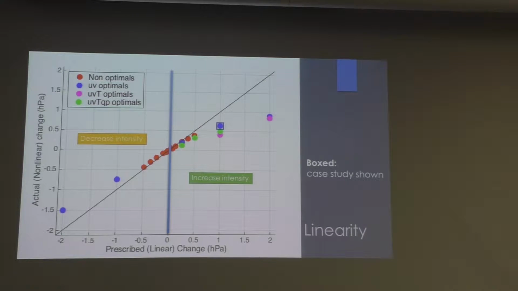Tom? I think I'm following everything, so I may be off base, but this final step here led to this diagram. Were there actual runs that were perturbed, and then you had a perturbed run and a non-perturbed run, and you look at the difference? Yes, so all these dots here correspond to a perturbed run.